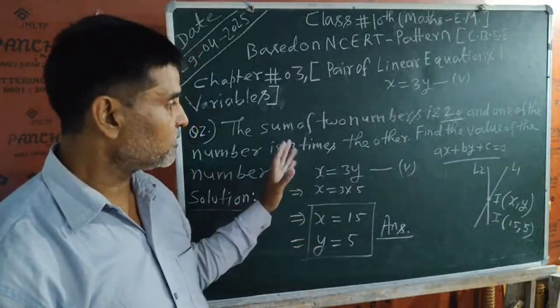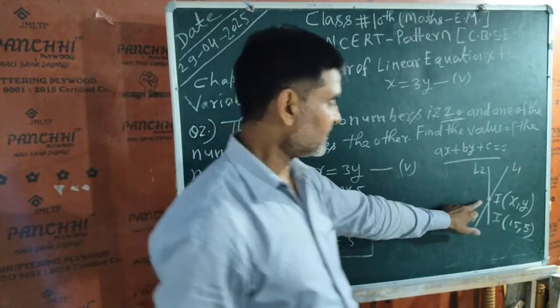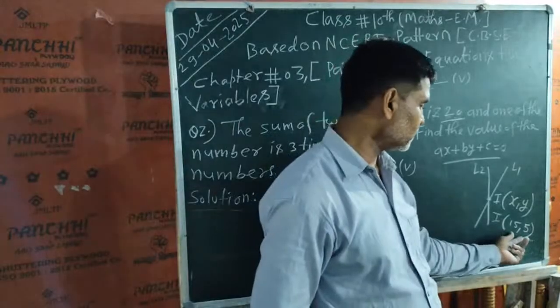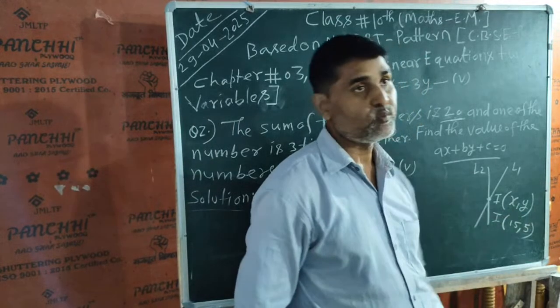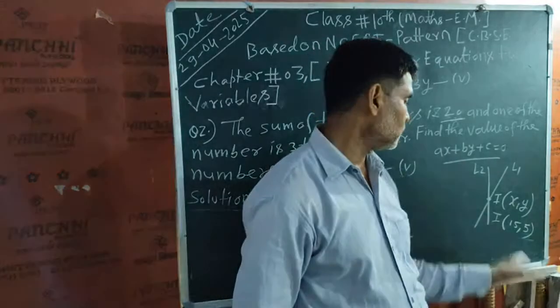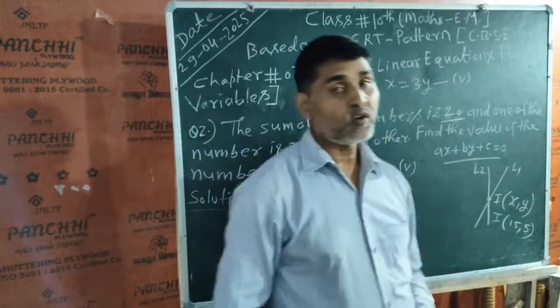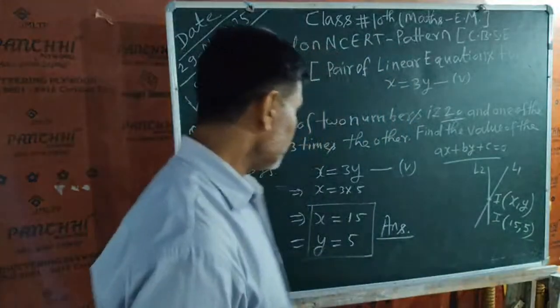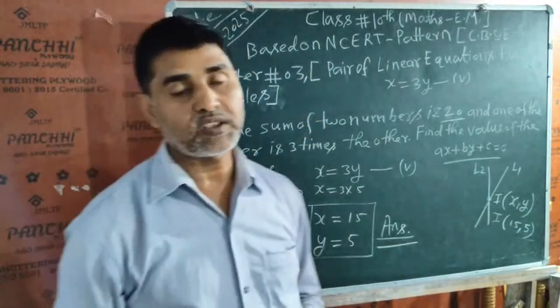After solving both equations, I have got that intersection point. The coordinates of that intersection point are: the value of x is 15 and the value of y is 5. Okay, student, in the xy plane you can also draw it. Okay, student. So in this way I have solved the required question. Okay, student.